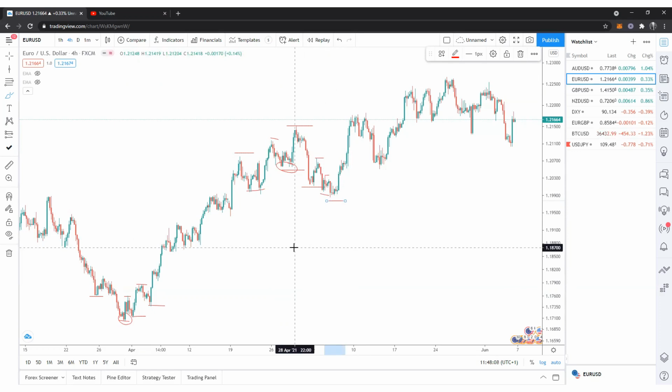Overall, we really still are in an uptrend, because until a significant low is taken, and I would look at a significant low probably around this point here.